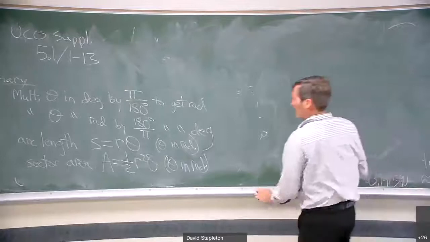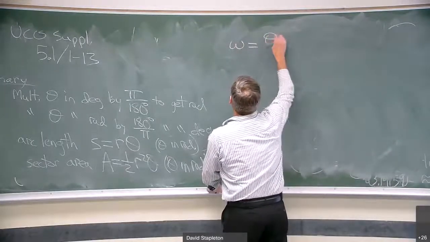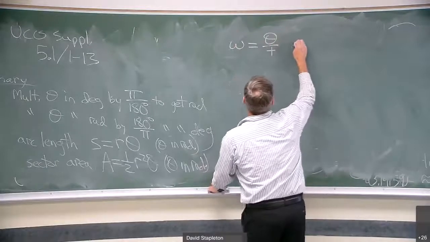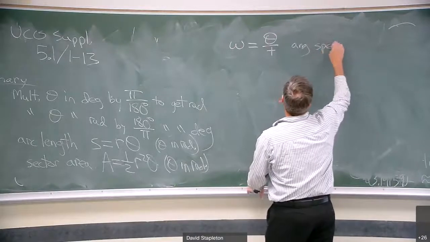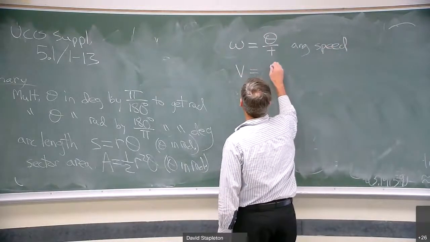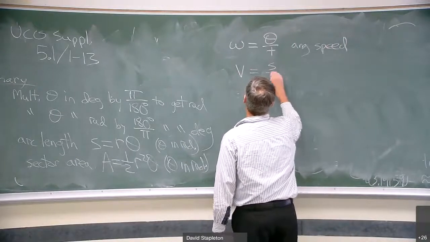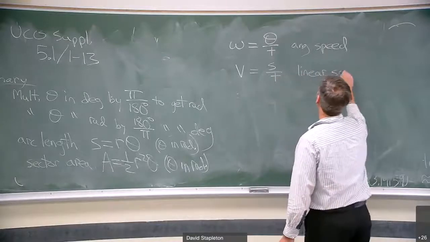Then we said if you have an angular rate of change, omega, the angular rate of change, is theta divided by time, is angular speed, if you're changing through positive angles. Just like speed is distance divided by time, or linear speed, we call it.